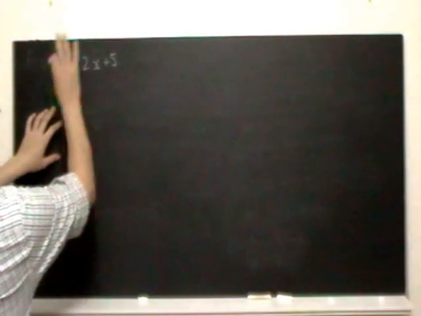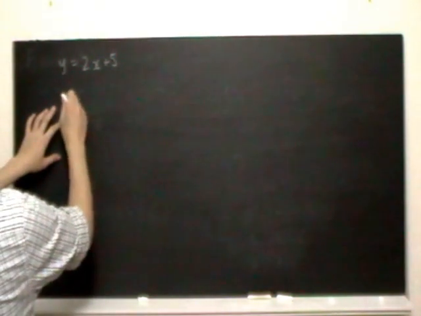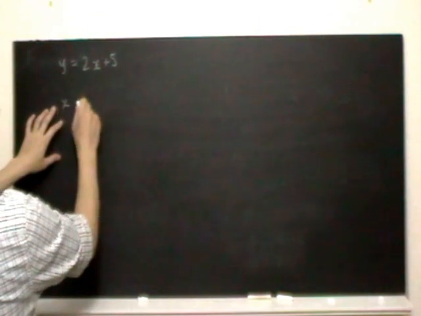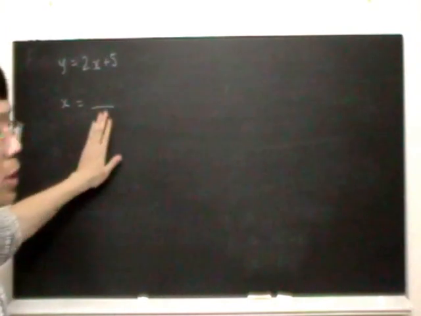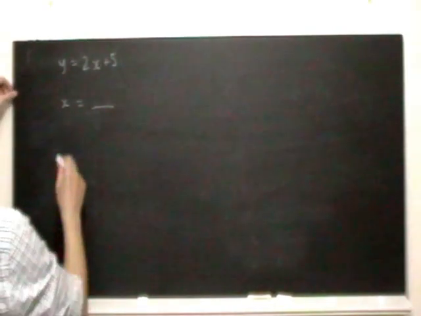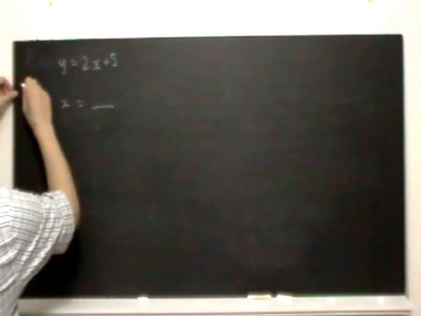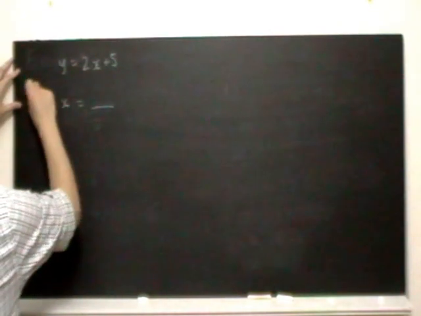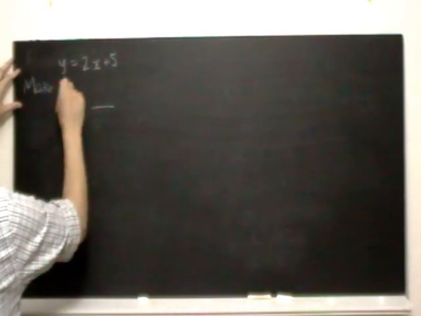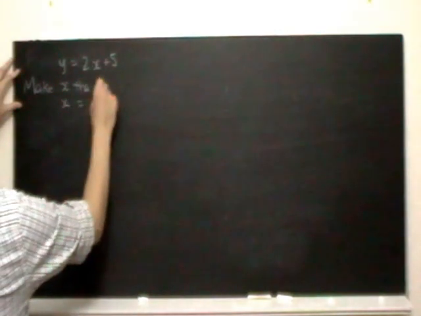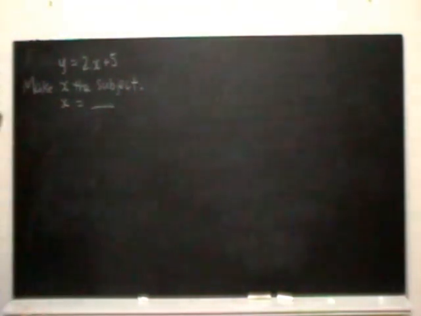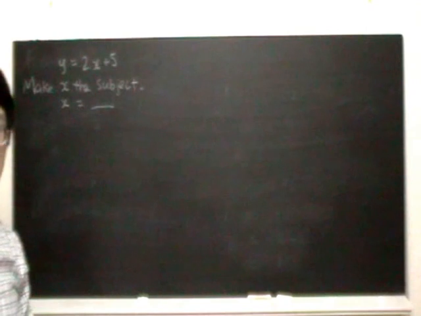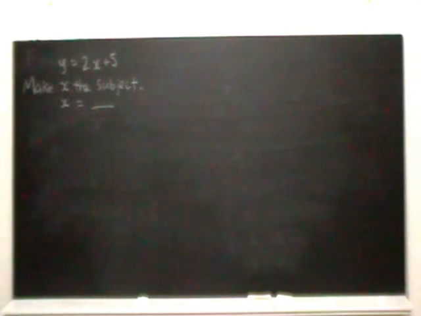This means that we want to rearrange this so that we have x on one side and the rest on the other side. So let me just write this down. So that's the question. We want to make x the subject.